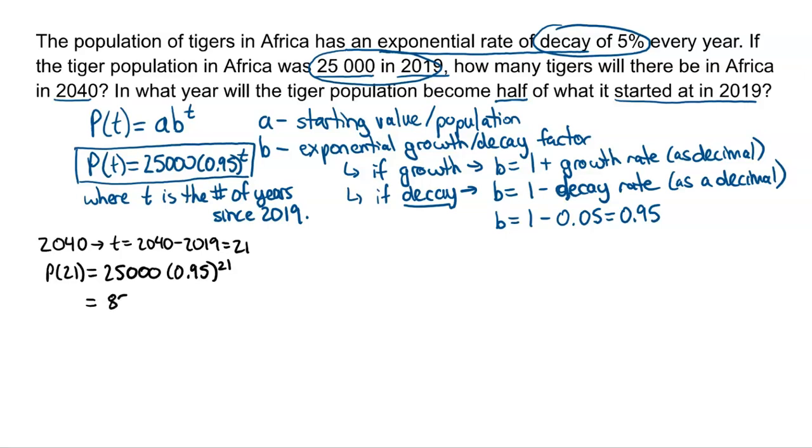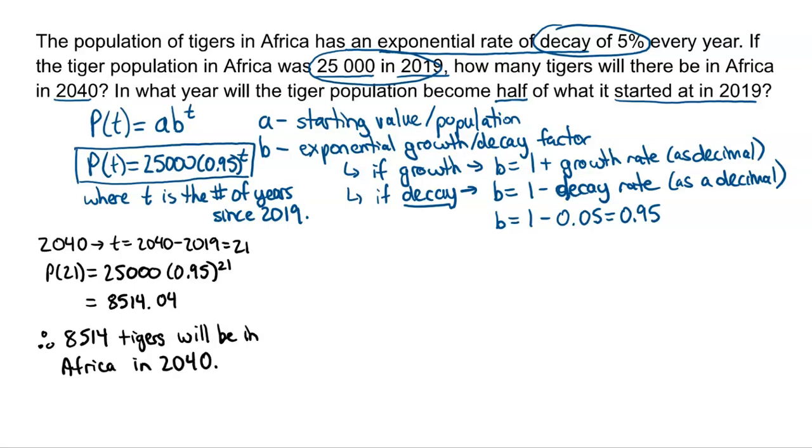Be careful that you don't multiply the 0.95 times 25,000 first, because if you did and then put it to the power of 21, it would be a lot bigger number. So just the 0.95 to the power of 21 and multiply that by 25,000. We get 8,514 tigers. We round that number, and we can't have part of a tiger. So there's going to be 8,514 tigers in Africa in 2040, according to this model.